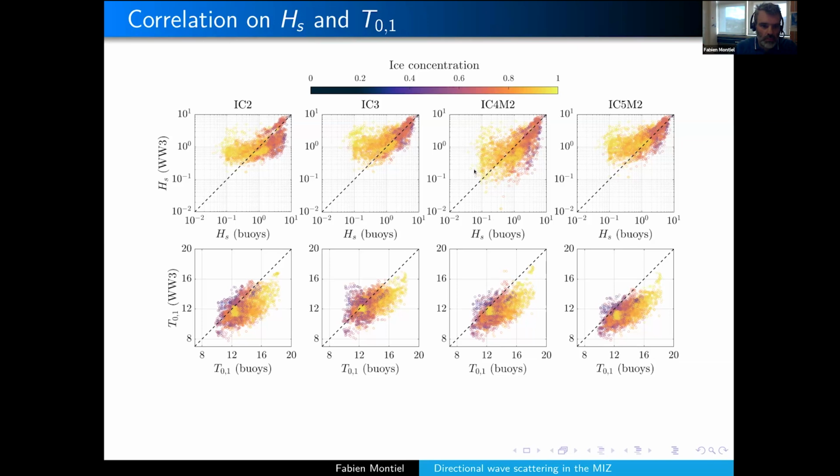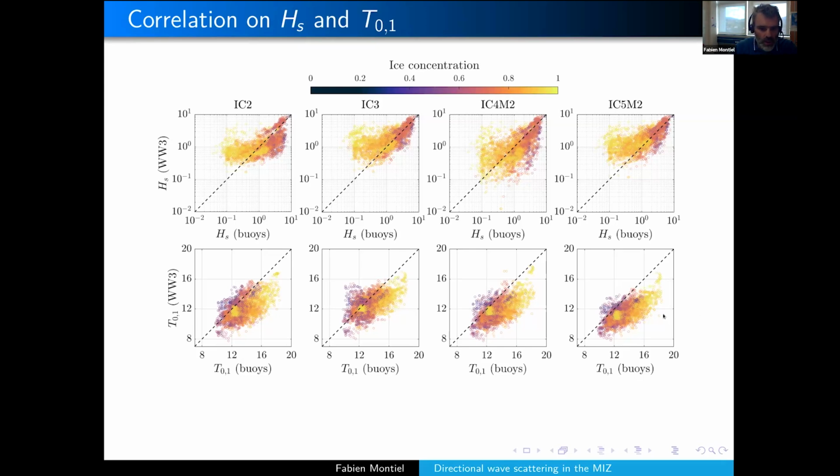And so again, here something consistent seems to emerge. At high concentration, we seem to have a bias that the model overestimates significant wave heights consistently, while the model seems to be performing slightly better, although maybe there's a little bit of underestimation of significant wave height at lower concentration.